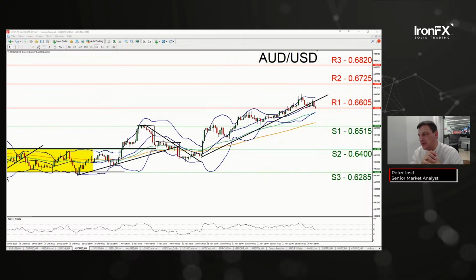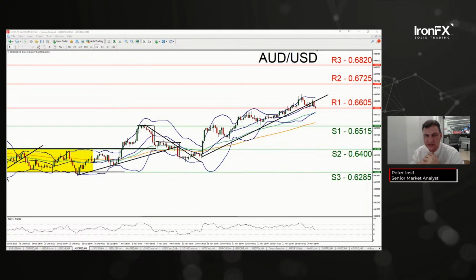In that case, we may see it stabilizing just above it, which is one possibility. The second possibility would be for the price action to start aiming for the R2 0.6725, maybe even breach it. And that would allow us practically for a bullish outlook to start emerging once again. It would be a very, very interesting development should that happen.